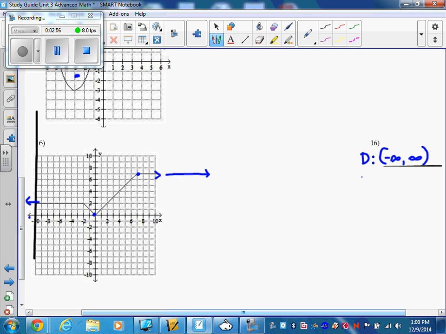So the range for this problem is going to be a squared off one because, now I want to make sure you realize this is rounded. This one is squared off because it includes the 0. And it also includes the 7. So those are both squared off. So the range goes from 0 to 7, and that's it.